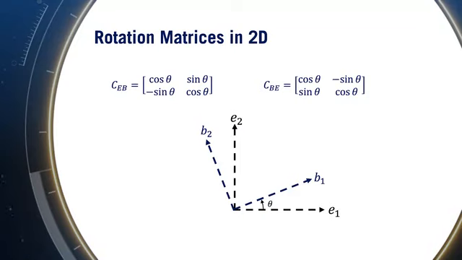Let's assume the 2 coordinate frames, frame E and frame B, have the same fixed origin, but frame B is rotated by some angle theta relative to frame E. We can then define the rotational matrices C sub EB, which transforms vectors from the frame B to the frame E, and C sub BE, which projects the frame E onto frame B using the angle theta as shown.